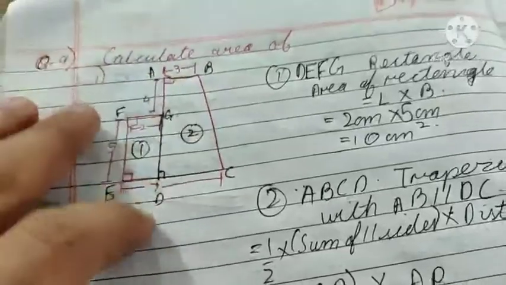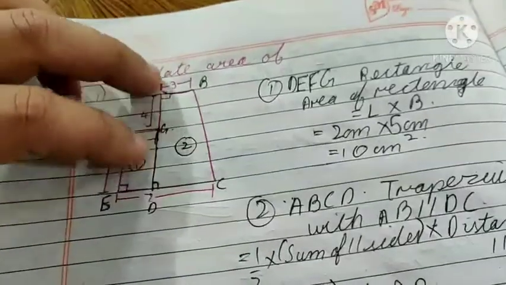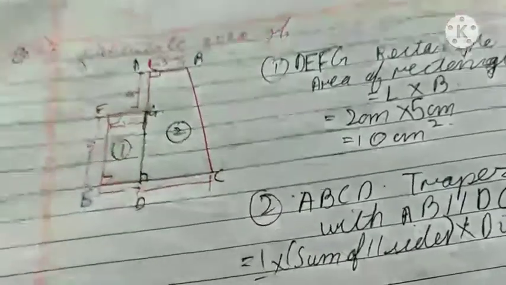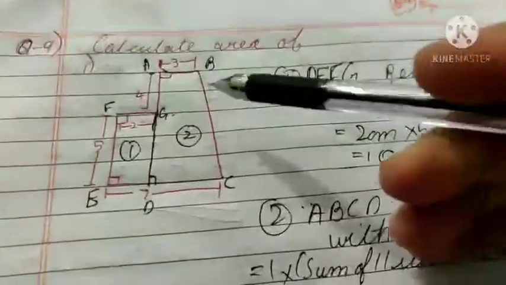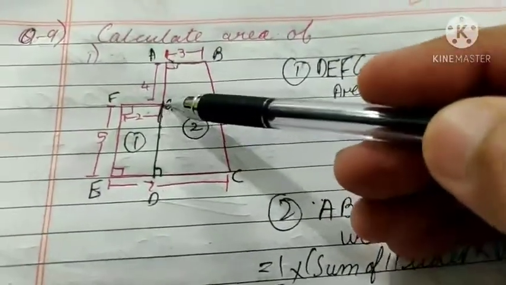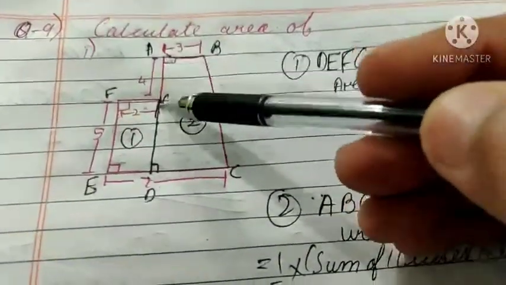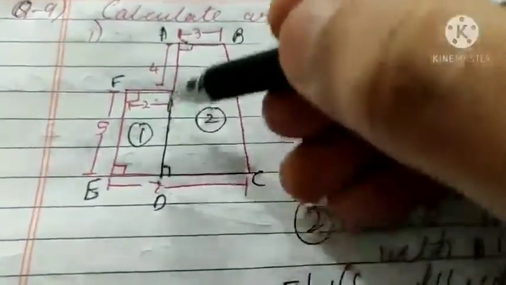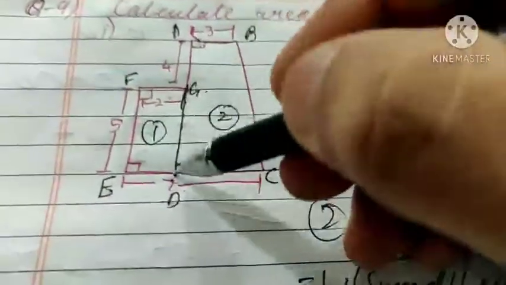This full AD is divided into two parts, AG plus GD. So what is AG? AG here is 4 centimeter and GD here is 5 centimeter.